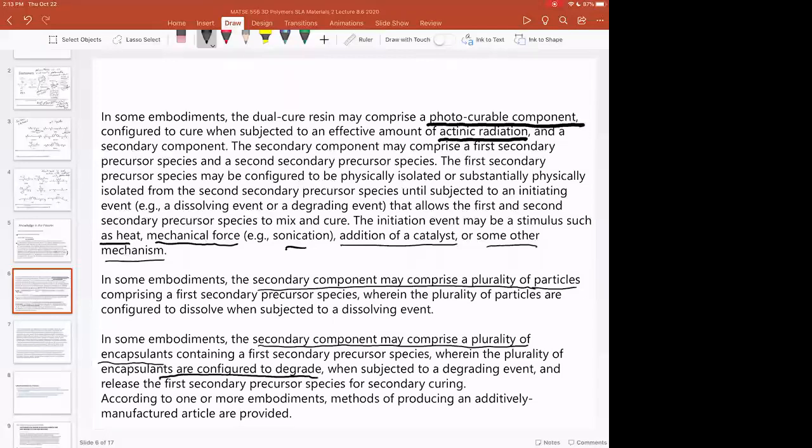So patents, of course, are hard to read, or at least harder to read than papers because there's a lot of lawyer speak in there. But if you dissect bit by bit what's going on in this patent, you can really get the gist of how broadly they're thinking and about what's possible in terms of encapsulating a secondary reactant or triggering a secondary reaction through mechanical force or addition of a catalyst or heat or sonication.